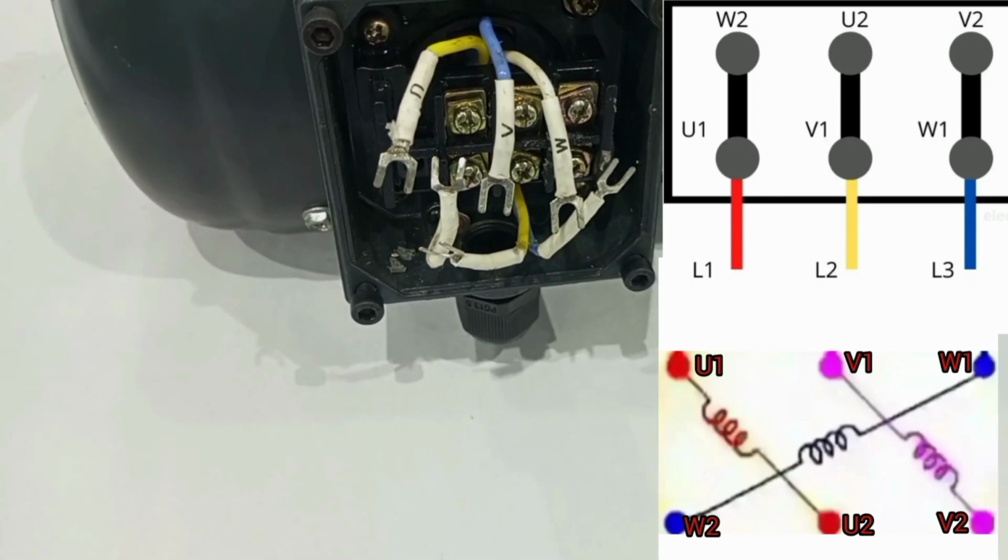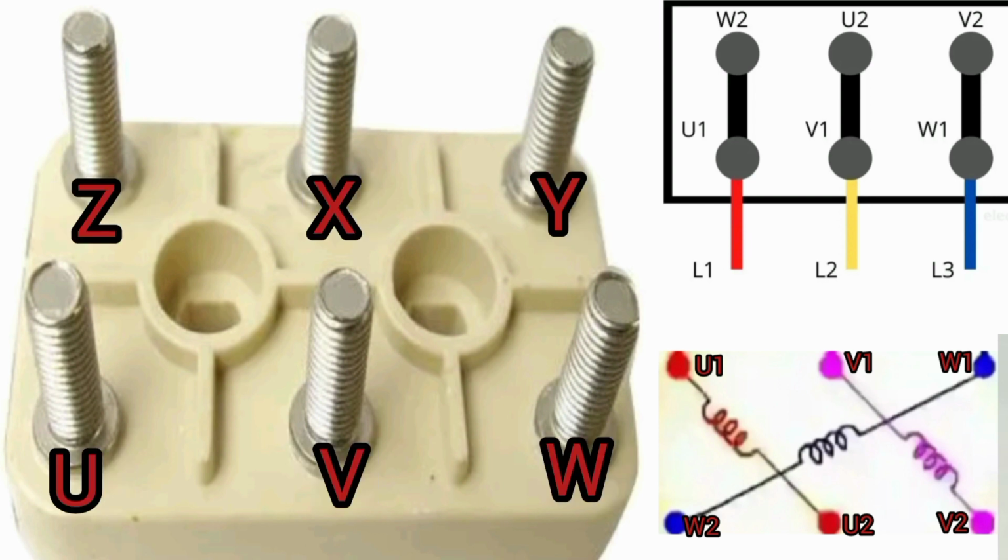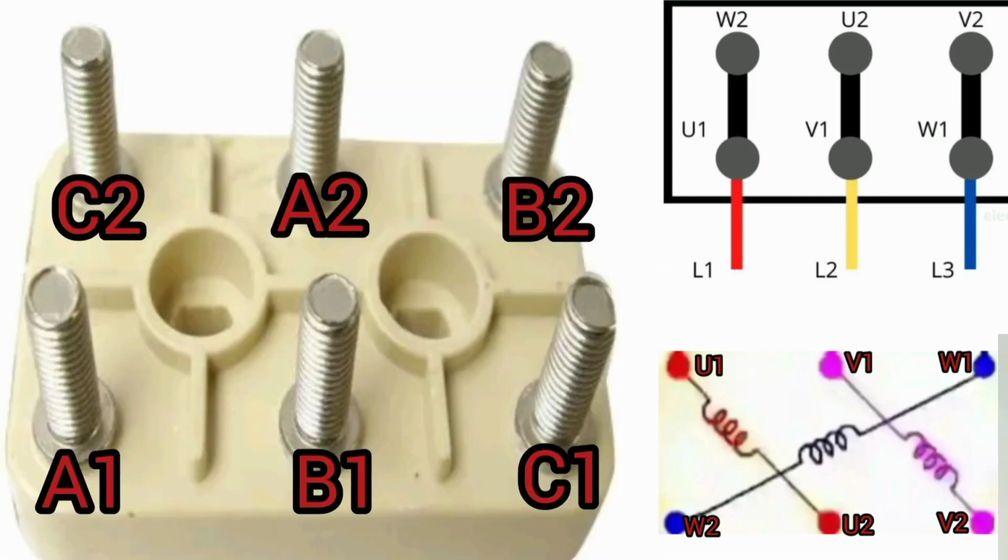So at the end of the day, you have a terminal marking like this, either U1, W2, V1, U2, W1, V2, or UZ, VX, and then WY, or A1, C2, B1, A2, C1, B2.